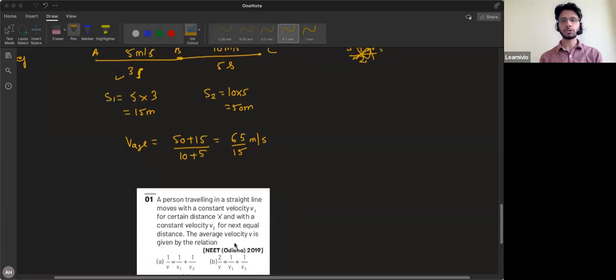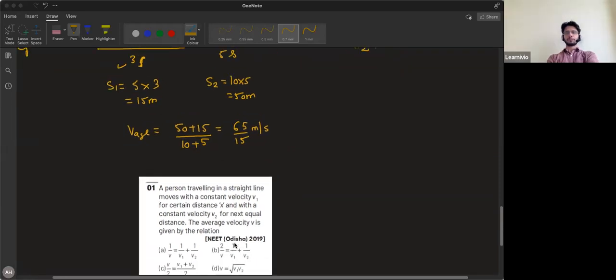Don't get confused with velocity. It's a one-dimensional motion, so velocity and speed will have the same meaning.